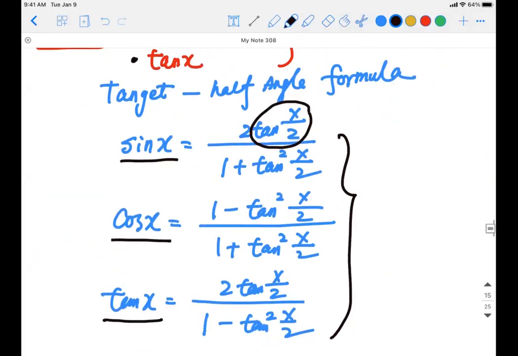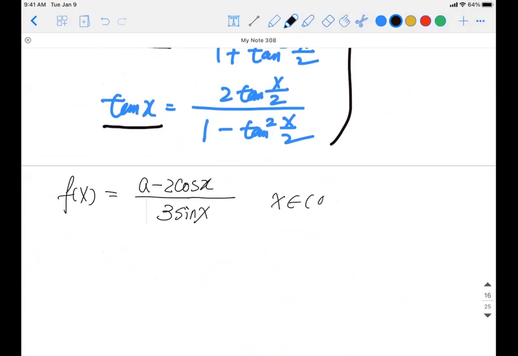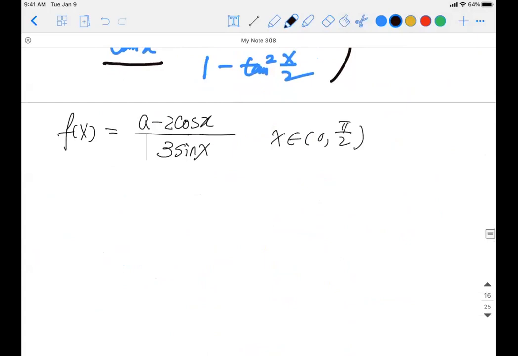So what we're going to do is, f of x is what? Still remember? A minus 2 cosine x, 3 sine x, right? x is between 0 and pi over 2. So we're going to switch it using the tangent half angle formula.